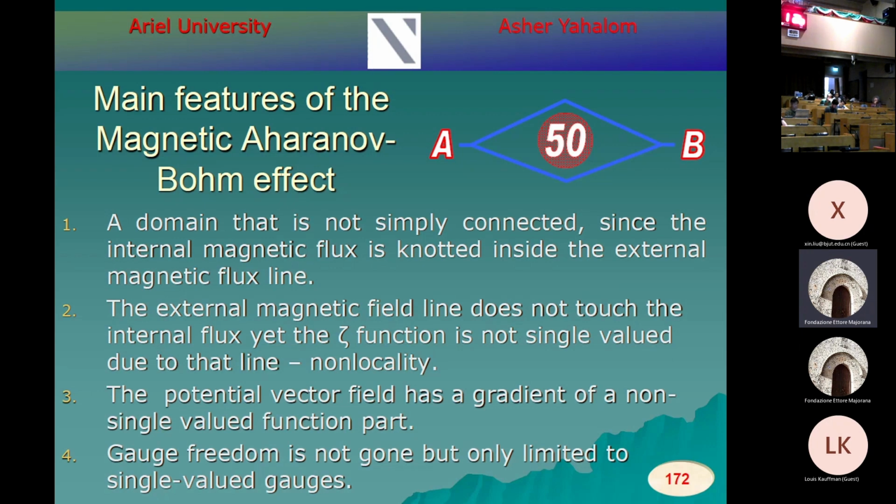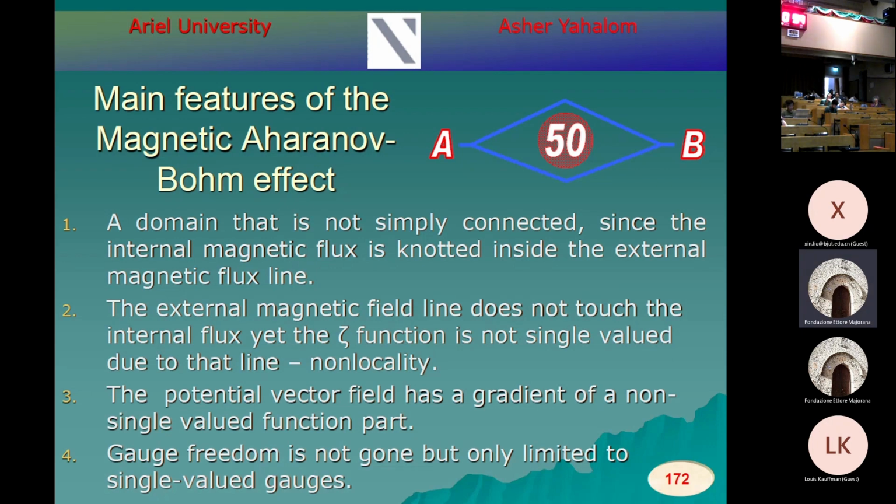So you have one which you can call internal, knotted inside the external magnetic field line. The external magnetic field line does not touch the internal flux, yet the zeta function is not single valued due to that line. So this is non-locality, and you don't have to have something which is devoid of gas or lack of air. It's just the fact that 2 lines are knotted.